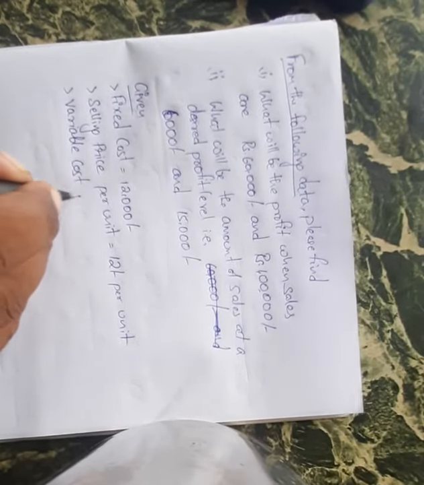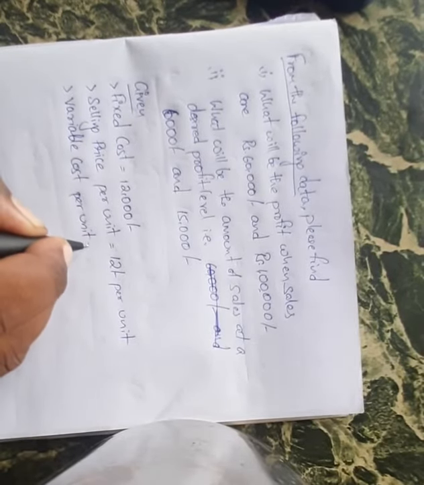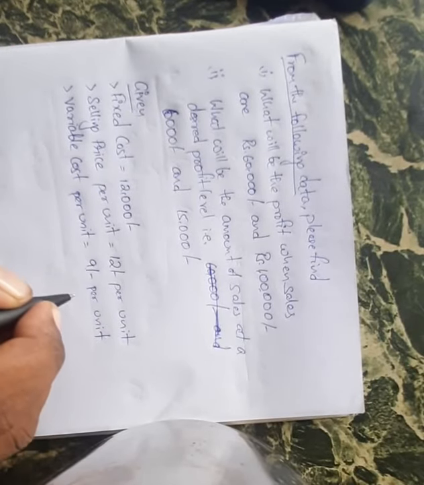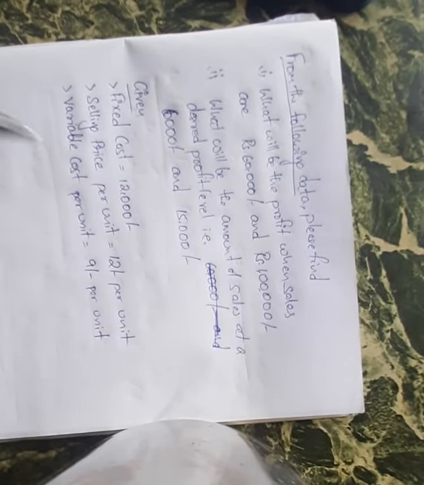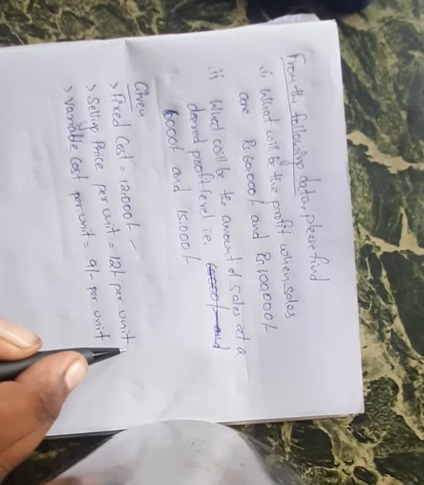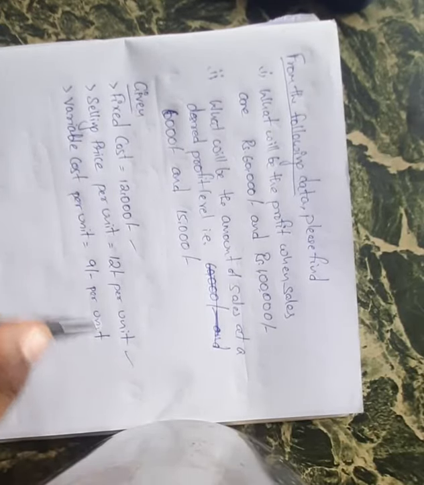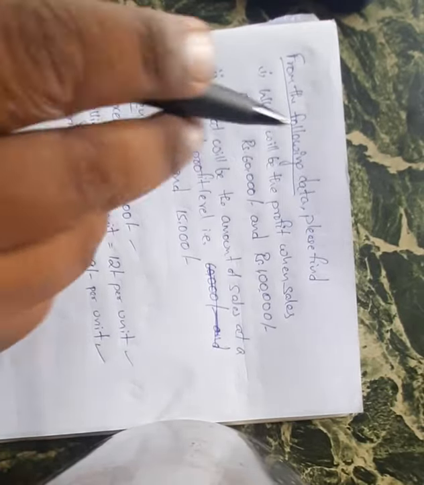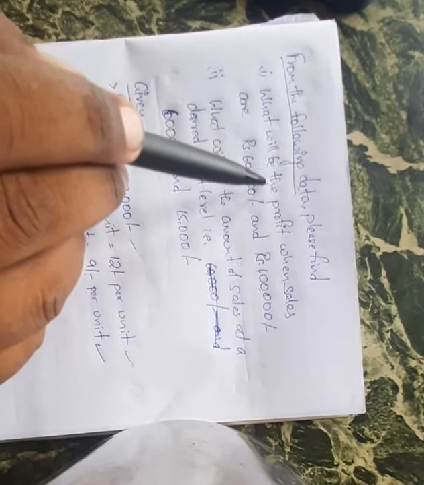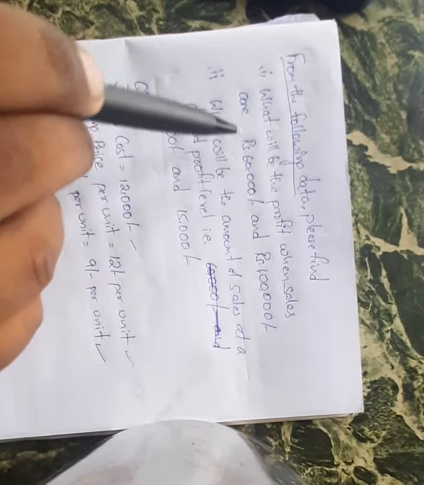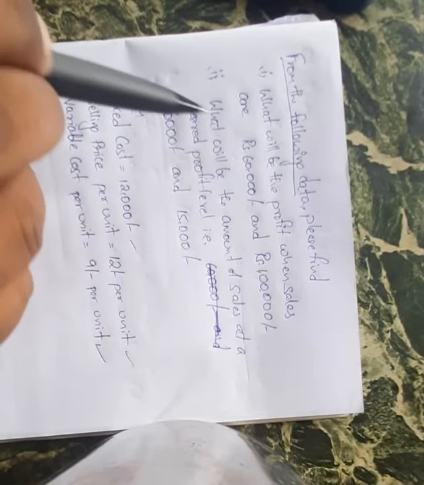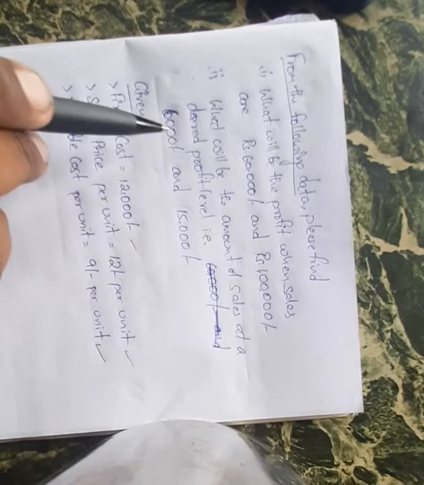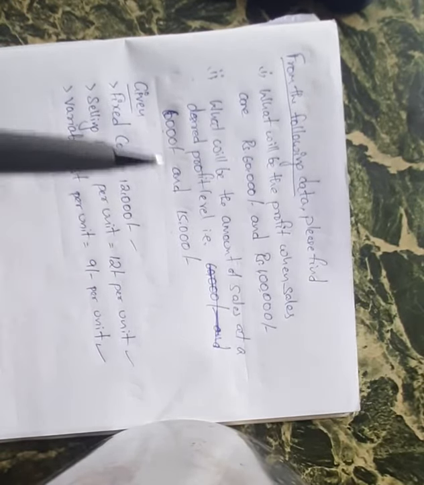Variable cost per unit is equal to 9 rupees per unit. You are required to calculate what will be the profit when the sales are 60,000 and 1 lakh. In the second case, what will be the amount of sales if the desired profit is 6,000 and 15,000.